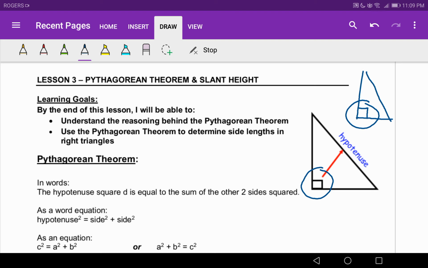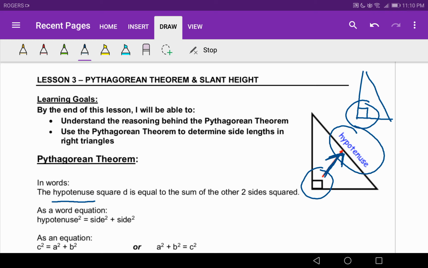We're going to learn a new term here. It's called the hypotenuse. The hypotenuse is the longest side of your right angle triangle. It is always opposite of your 90-degree angle.